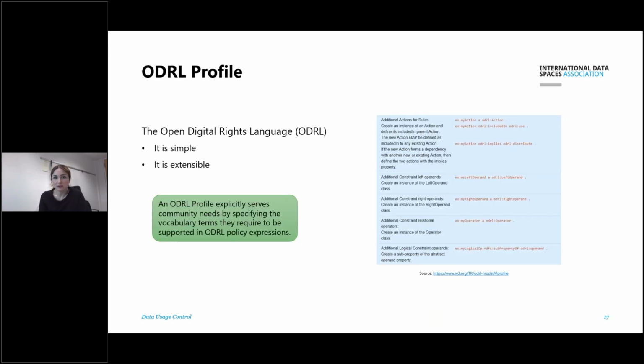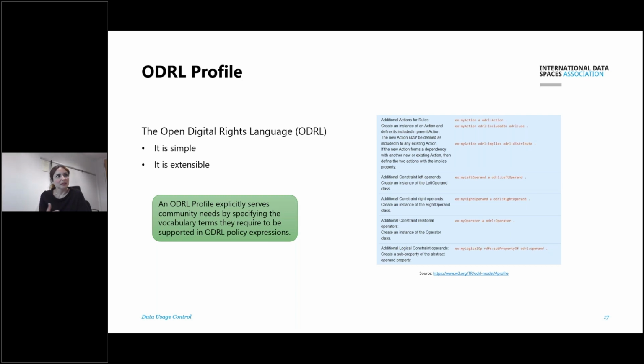The second reason that the ODRL language was chosen as the main language of IDSA was that it's extensible. As ODRL also mentions in their information model, an ODRL profile explicitly serves community needs.